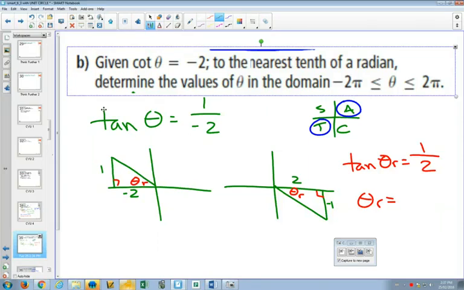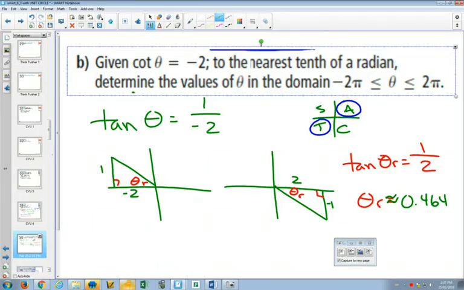This is in radians, so we'll keep it in radians. tan inverse of 1 over 2 gives us 0.464, approximately. We don't want to round anything too early.